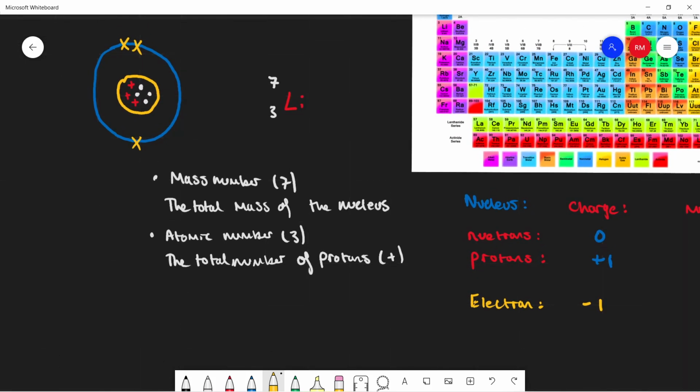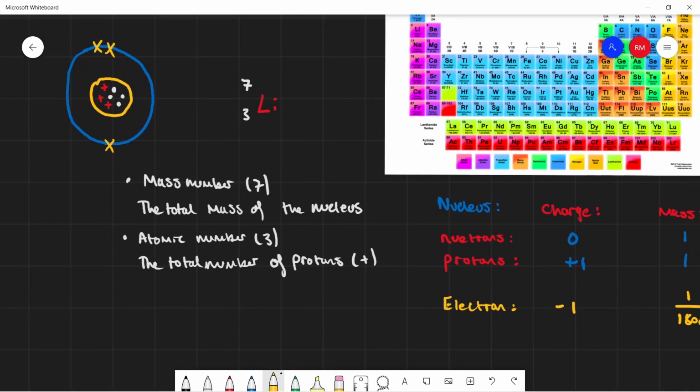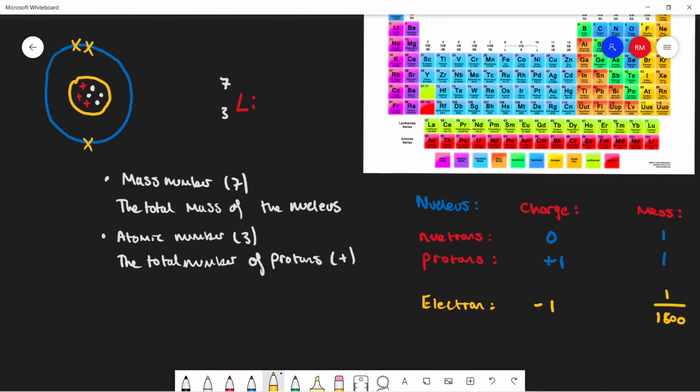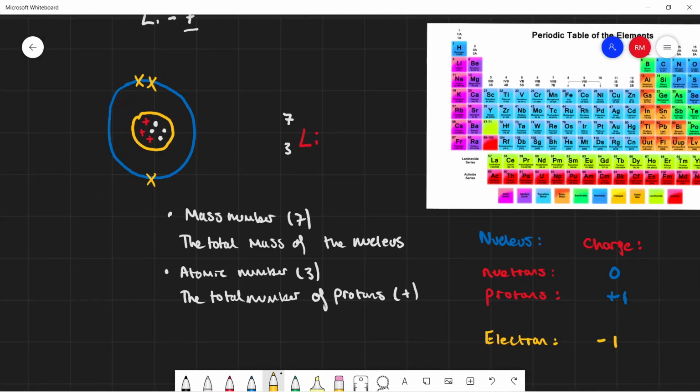So coming back to here, what I mean by the total mass of the nucleus, we can see that neutrons and protons both have a mass of 1. So, because there are 4 neutrons and 3 protons here, they're going to add up to make 7. And that's what I mean by that.